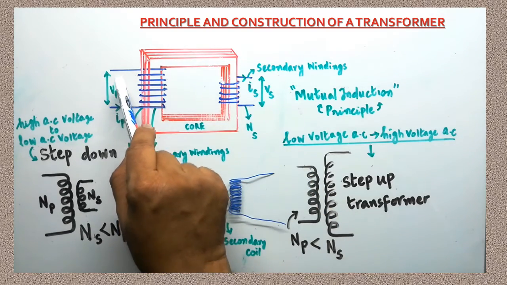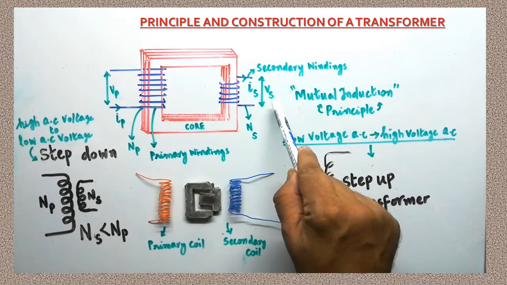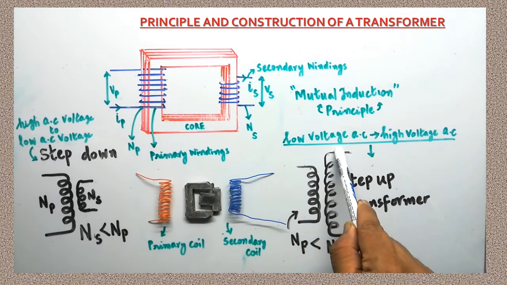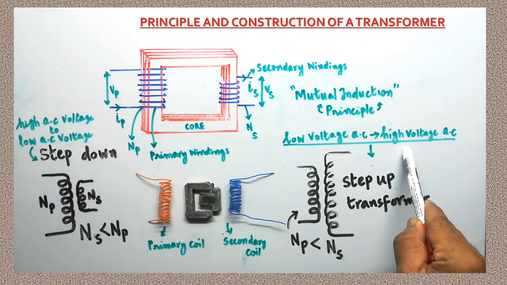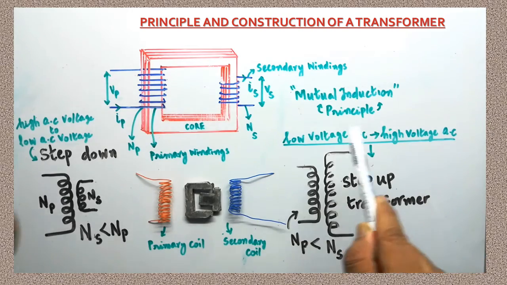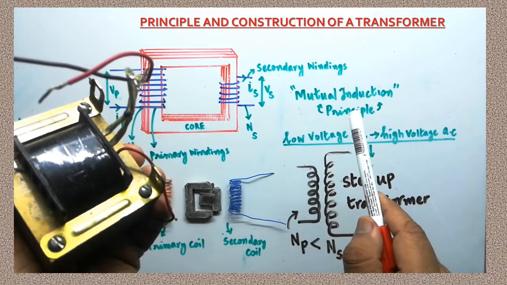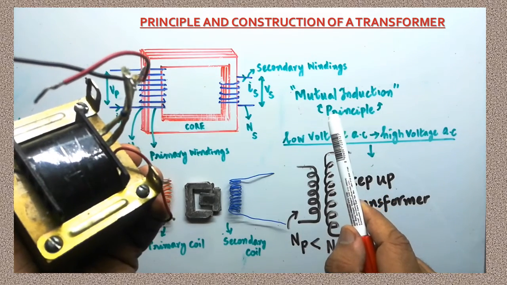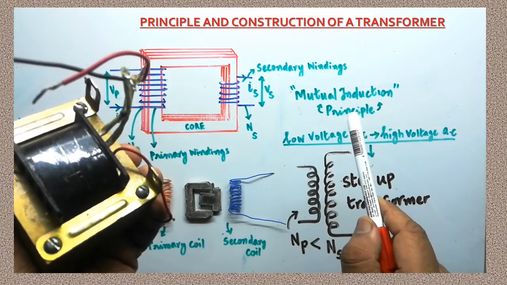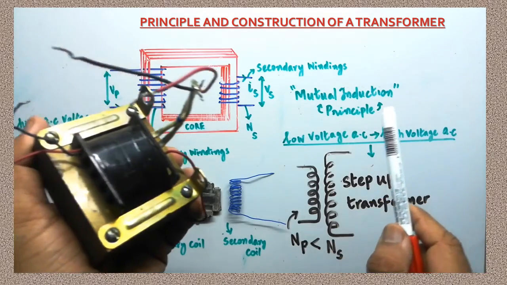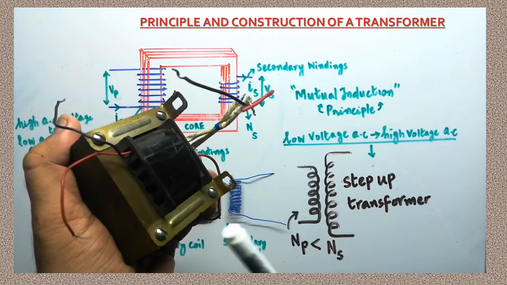Okay, high AC voltage can be converted into low AC voltage, or low AC voltage can be converted into high AC voltage. So this is the main purpose of using the transformer. That's why this kind of transformer is used.